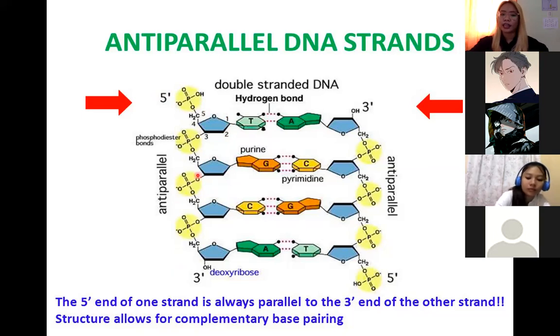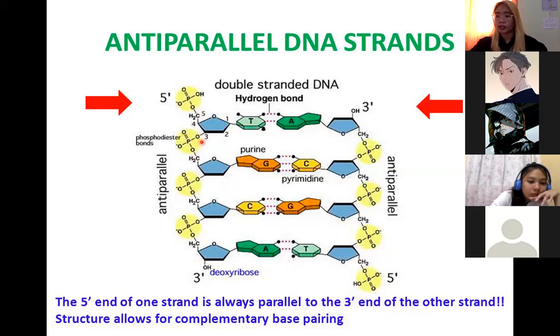Okay? Ulitin natin. Yung taas na phosphate ay naka-attach doon sa panglimang carbon ng sugar. 1, 2, 3, 4, and 5. Tapos yung phosphate sa ibaba ay naka-attach sa carbon 3. So carbon 1, 2, 3. So this is 5, 3. Pag binilang ulit natin itong sugar na to, 1, 2, 3, 4, 5.